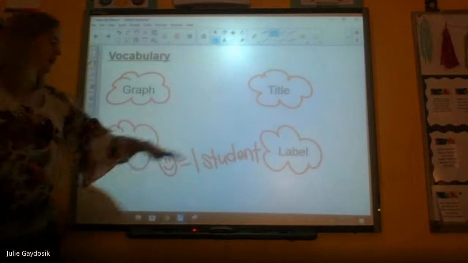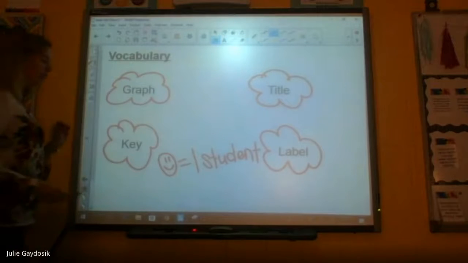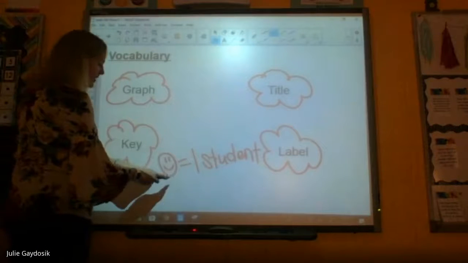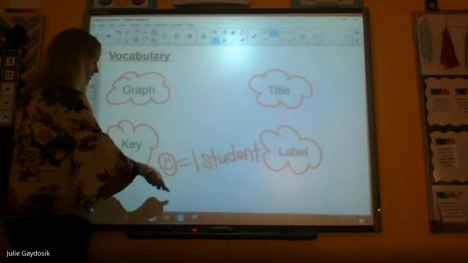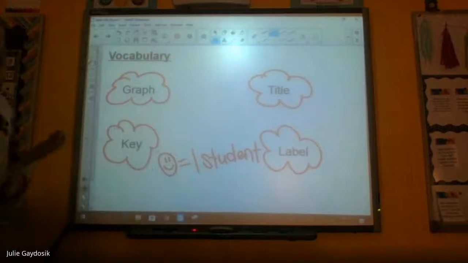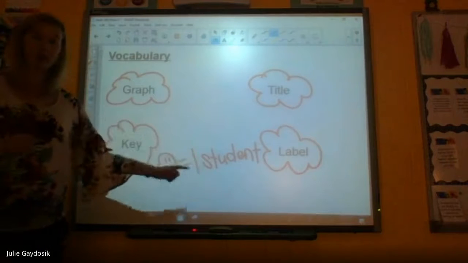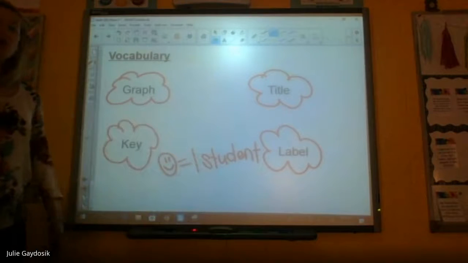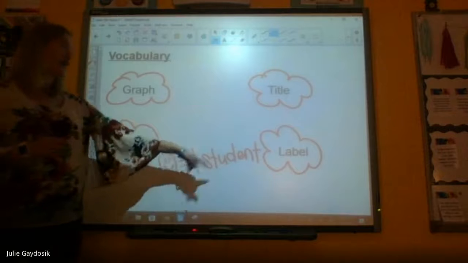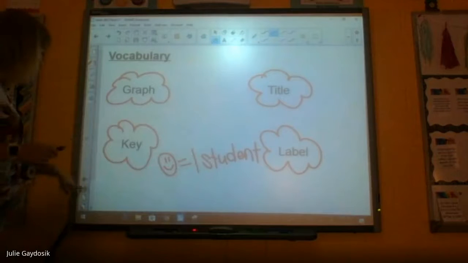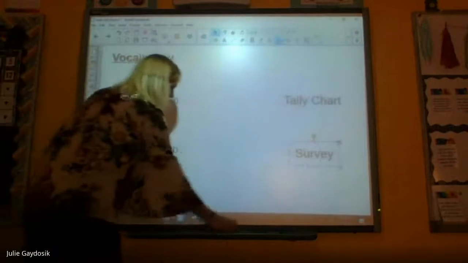Sorry, that's a little crooked. But so that's the key. It shows you what it means in the pictograph. So what does one smiley face equal? Remember in Annie and Moby's video from BrainPOP, it said that sometimes this could be worth 2, right? Or more, or 10. So you have to make sure you look at the key to figure out how much it's worth. Okay, next piece.